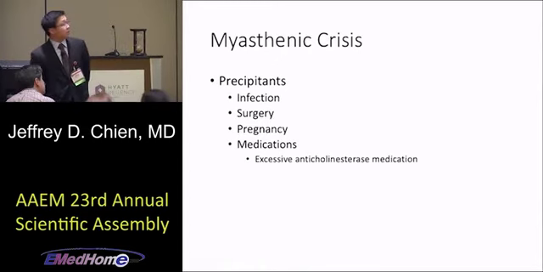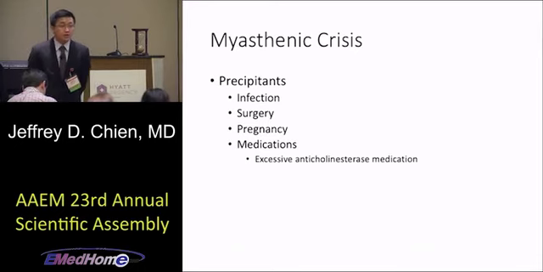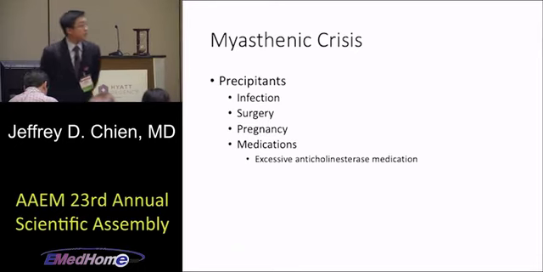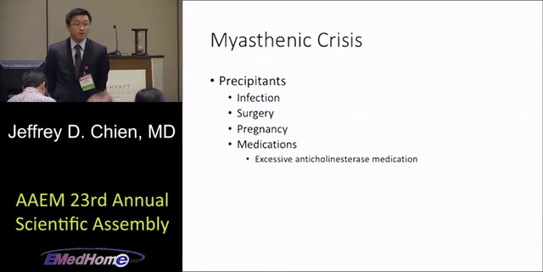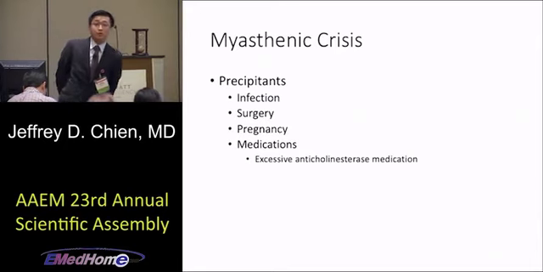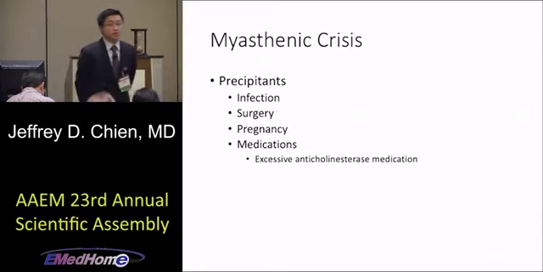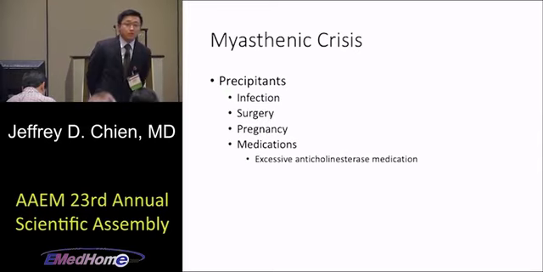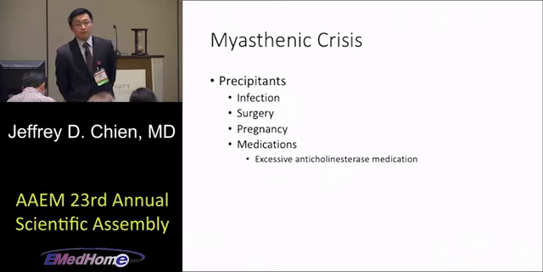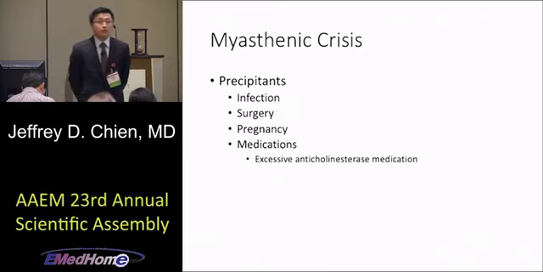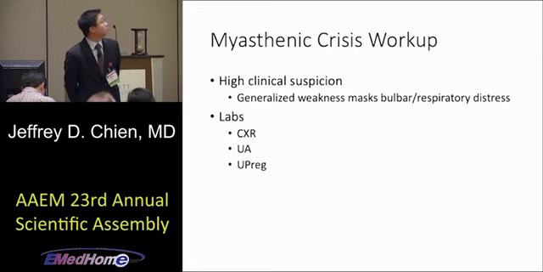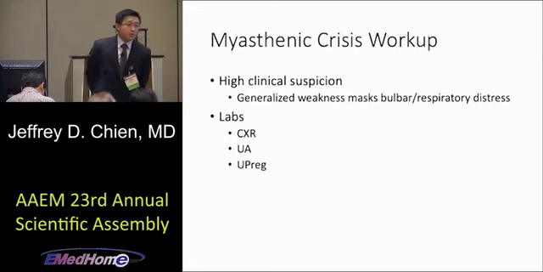Mestinon is one of the linchpins of medication for myasthenia, and when myasthenics get sick, with a respiratory infection, anything of the sort, they're told early and often by their neurologists, well, take an extra dose, double it up. That medication can actually precipitate a crisis too. So if they're feeling unwell, that infectious etiology might be precipitating it, but the overdose of the Mestinon can be as well.